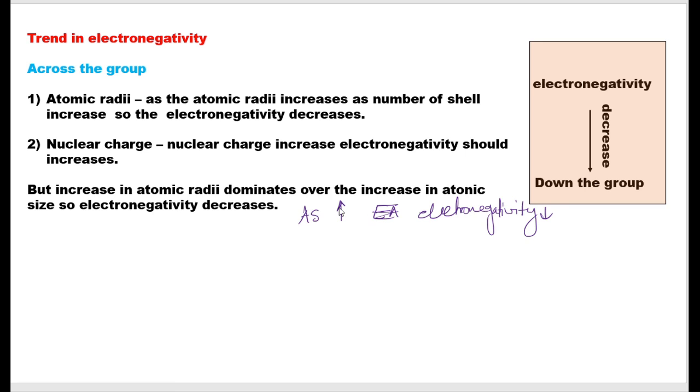One has to pull the electrons, or one has to accept the electrons. And down the group also nuclear charge increases, but as in all the previous cases, the atomic size factor will predominate over the nuclear charge factor. Here also the atomic size factor predominates over the nuclear charge. So overall it decreases.